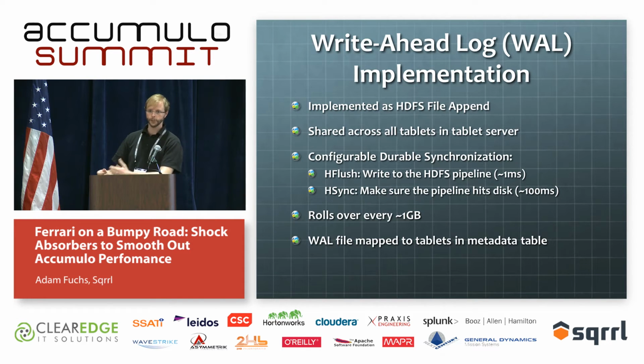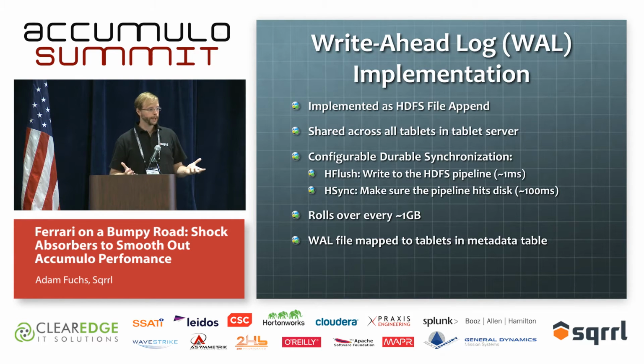So hsync actually goes down and calls an fsync on the local file system, which spins the disk to this current location and guarantees that it actually makes it on there. I'm glossing over a lot of details here, but the important parts are that when you call hflush, it's something like a millisecond operation. Right? It's making sure it's in memory on a remote server. Hsync, the way that's implemented, is more like 100 milliseconds to do a single hsync operation. Okay, that'll become important pretty soon.